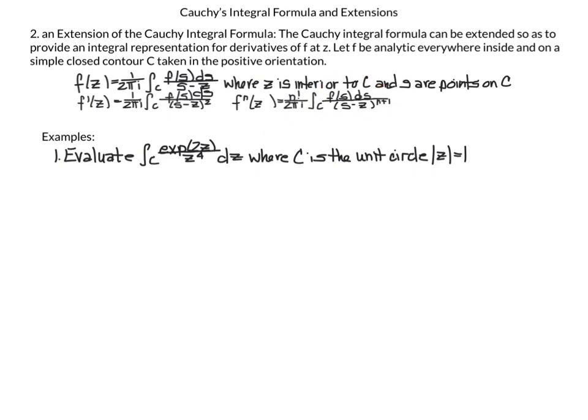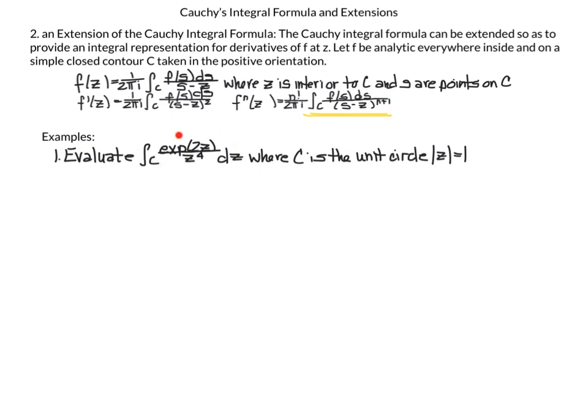So I want to put it in this form here, and I chose this f to the n as opposed to the f prime because I have a z to the 4th power. Here I would just have a z to the 2nd power, so in this case I want n to equal 3 so I can get z to the 4th power. But actually, let me back up a little bit. Remember this here, the variable is s, so I want s to the 4th power.